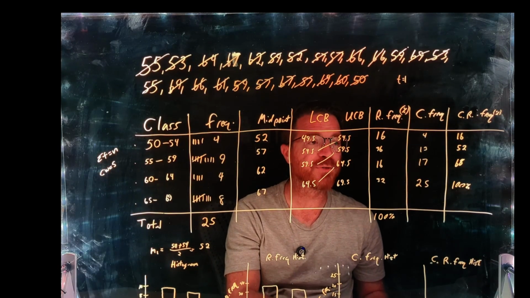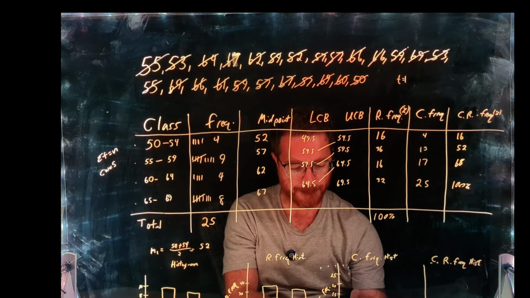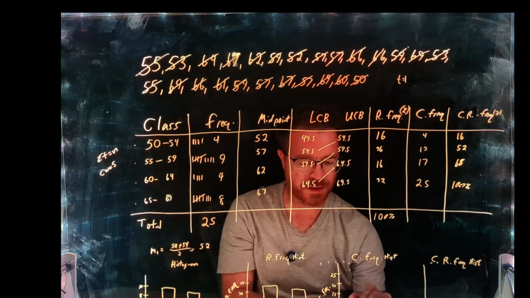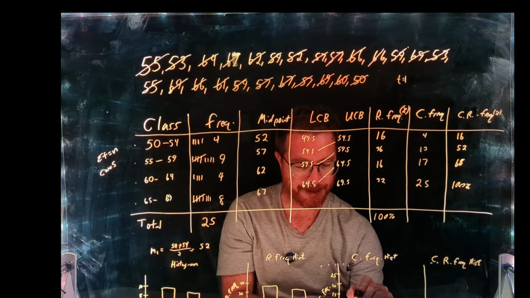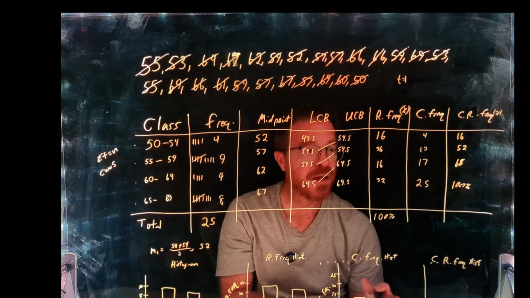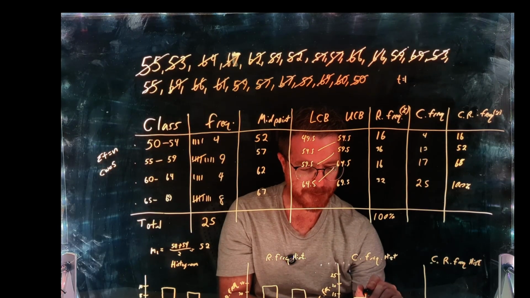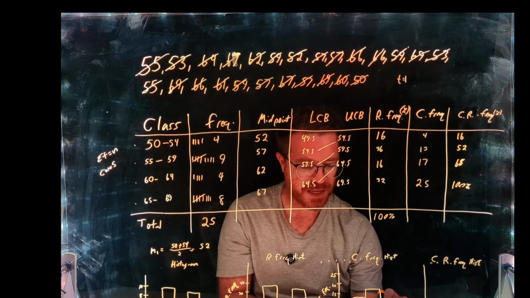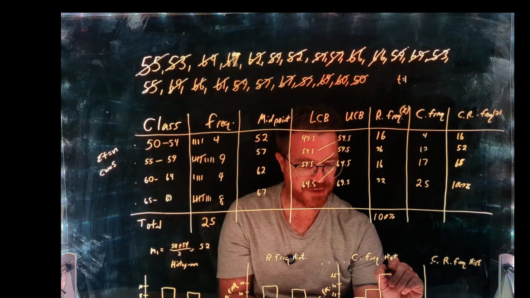So starting with my first midpoint, I go up to 4. My second midpoint, I go up to 13. My third one, I go up to 17. And then my fourth one, I go up all the way to 25.